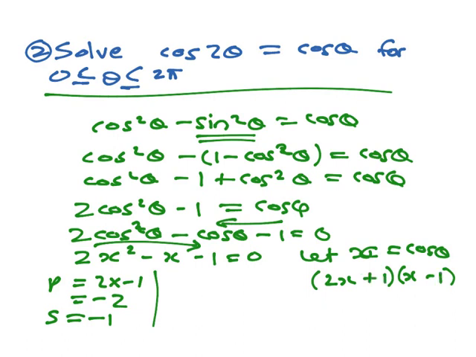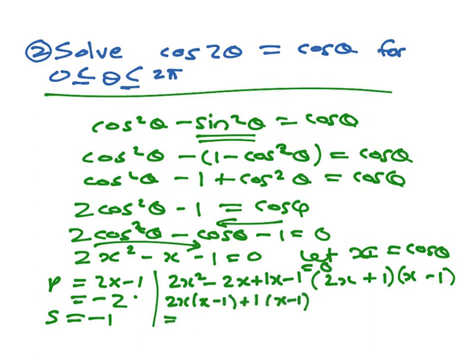I'm just going to do this the long way: we want two things that multiply to give minus 2 and add to give minus 1. So it's 2x squared minus 2x plus 1x minus 1 equals 0. That's 2x(x minus 1) plus 1(x minus 1), which ends up being (2x plus 1)(x minus 1).